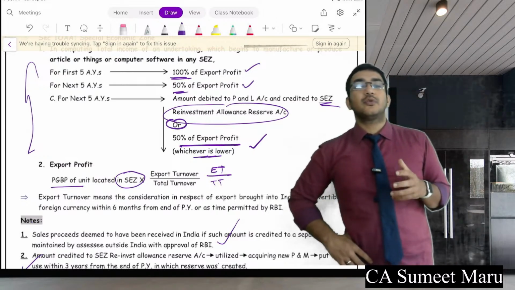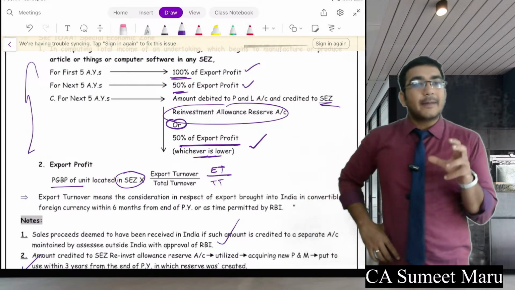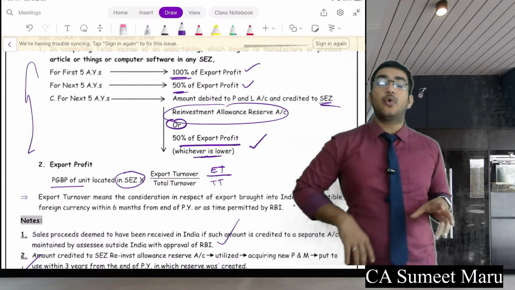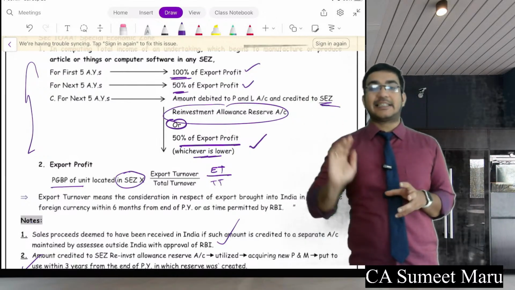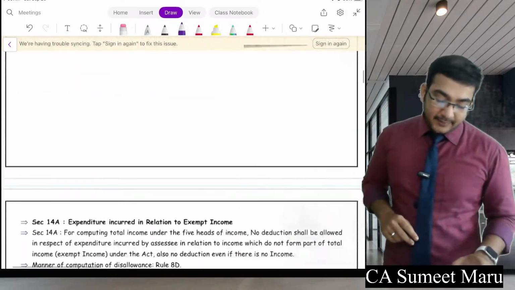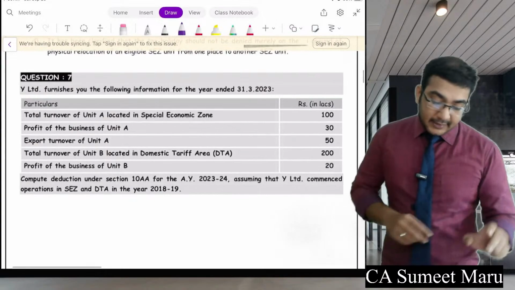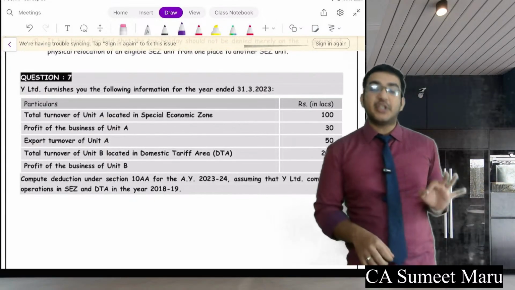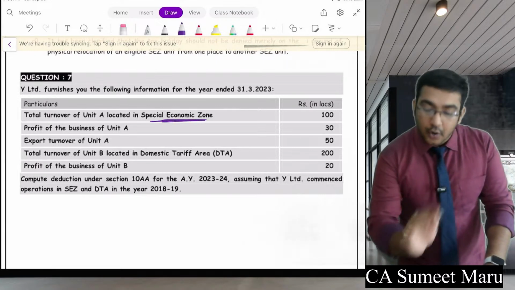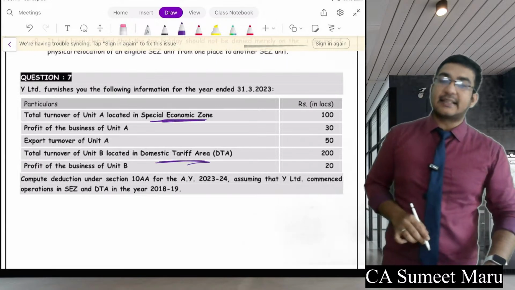Because special economic zones are certain zones where government specifically makes available all such infrastructure to all such companies who are specifically engaged in exports. So they also get this benefit in income tax. So please remember, it is only and only for special economic zone, not for DTA or anything like this.